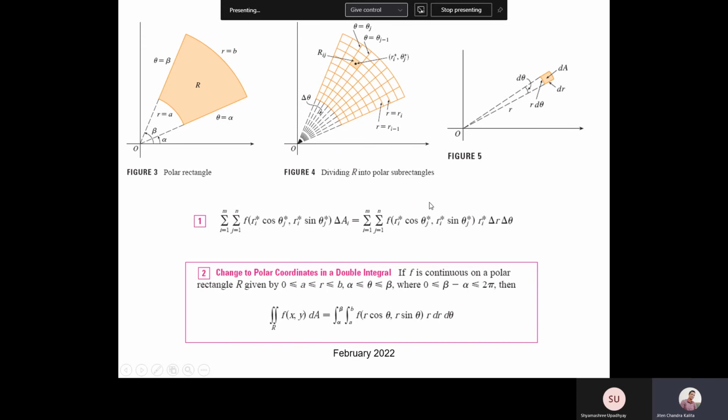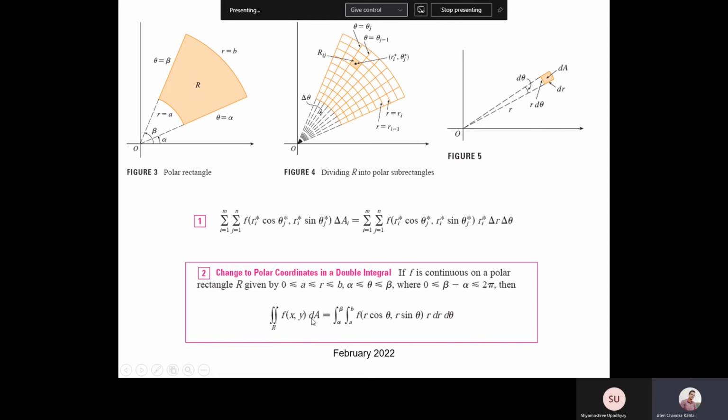Then this I have already explained, and this is what happens. They are calling it R, I was calling it D. Then what you do?